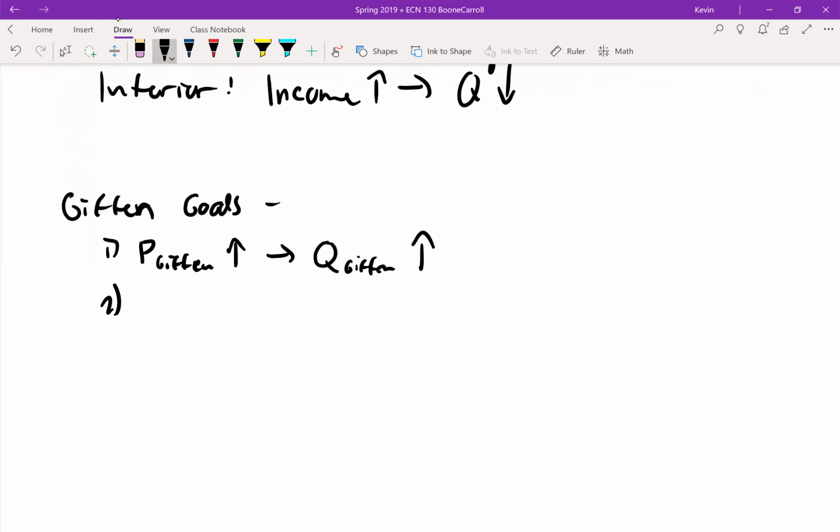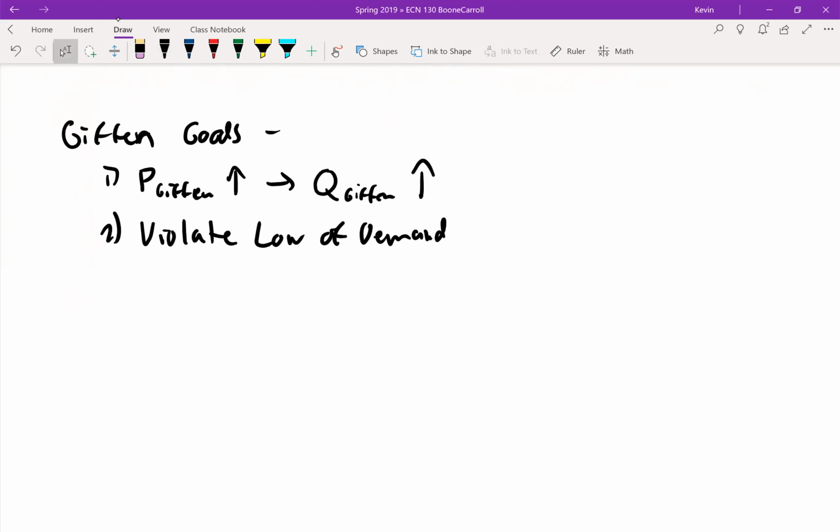These are goods that violate, let's rewrite that, they violate the law of demand. And the idea here with the Giffen good is that they're going to be inferior.